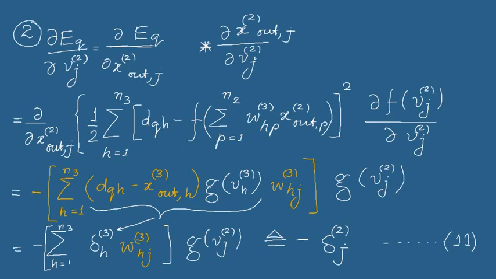So this expression we can evaluate, as we discussed in the previous class when we were seeing how to evaluate these deltas. So now this delta can be evaluated if we have this delta superscript 3 with us.